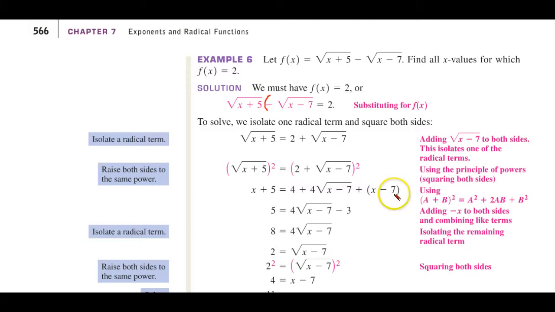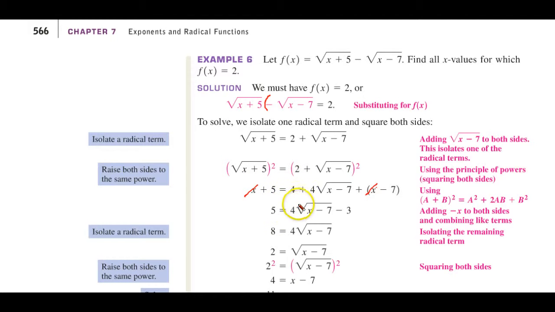We're going to combine like terms. And here notice that when we take away the parenthesis, this x and this x just cancel out.